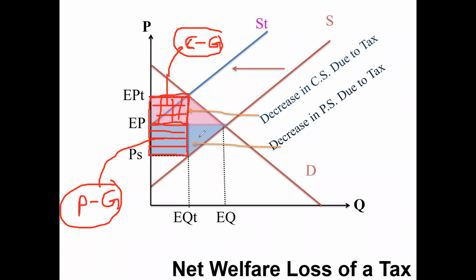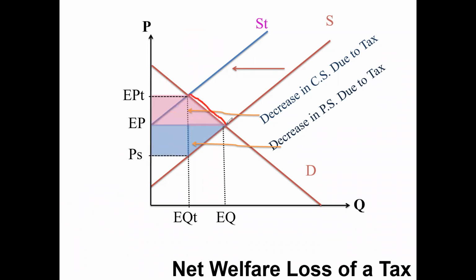මේ ප්‍රශ්න තියෙන්නේ මෙන්න මේ triangular areas දෙක. This upper triangular area is a loss to consumer. It's a loss to consumer, but it is not a benefit to the government.